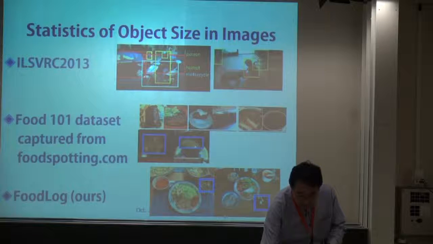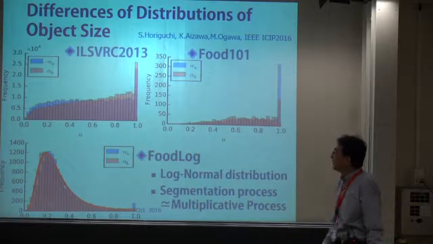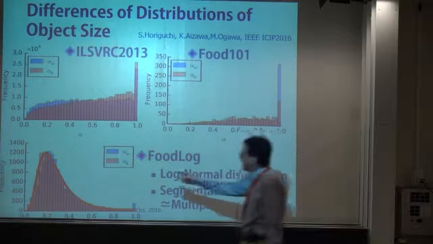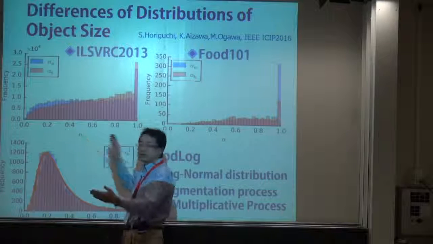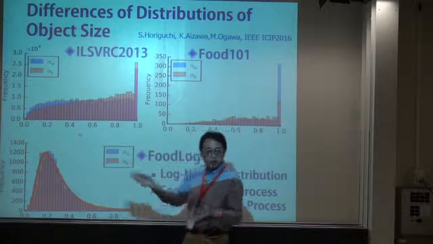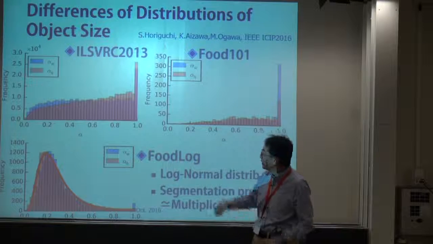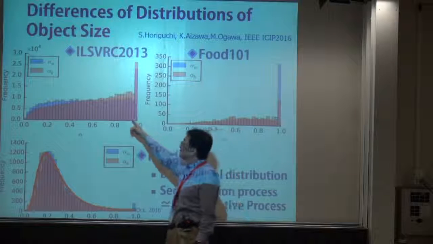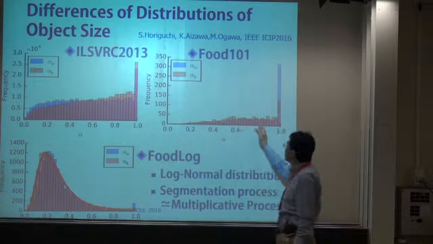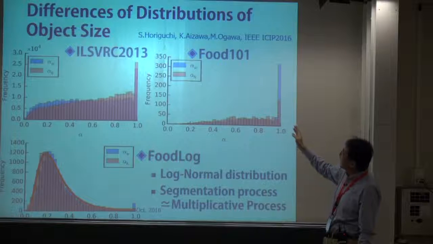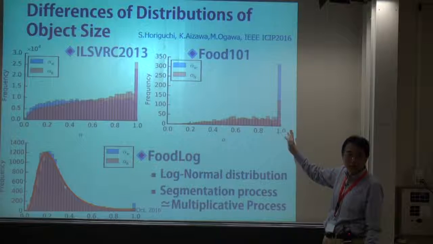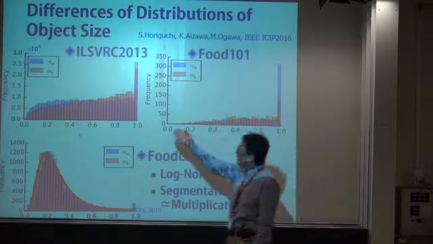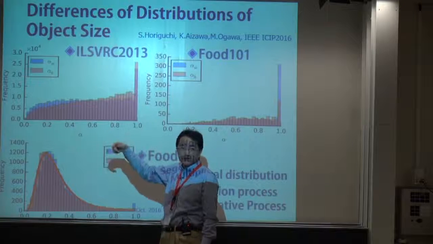What is interesting in this data is this distribution. This is the normalized size, normalized to the edge length of the entire frame. For the general object data, or the food experiment data used in the paper, they have this kind of distribution.